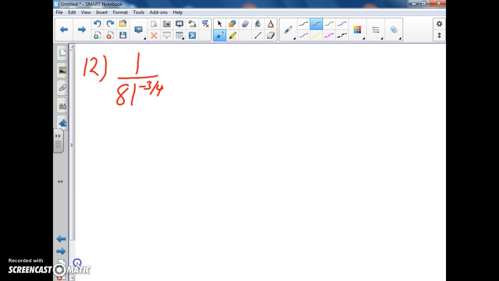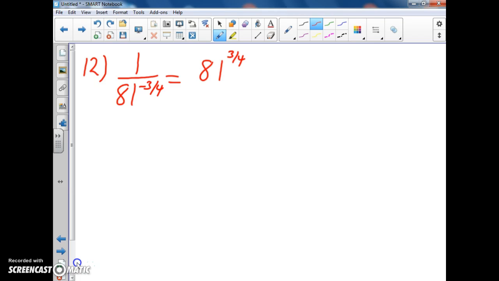Very good. So if it's negative on the top, it's positive on the bottom. If it's negative on the bottom, it's positive on the top. That's how easy this is. I'm just going to write down 81 to the 3/4. Take the 1 away, I reverse it. That's it? Well, not yet, but they're getting there.